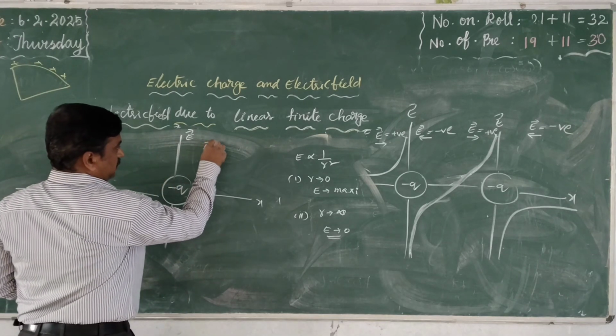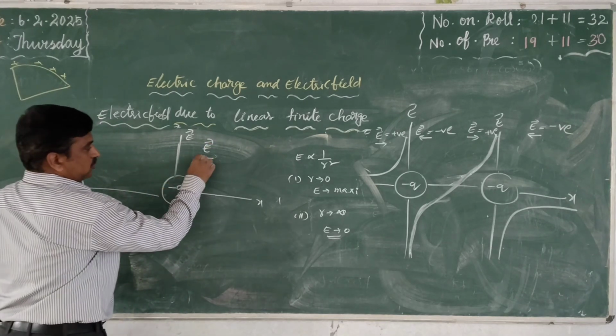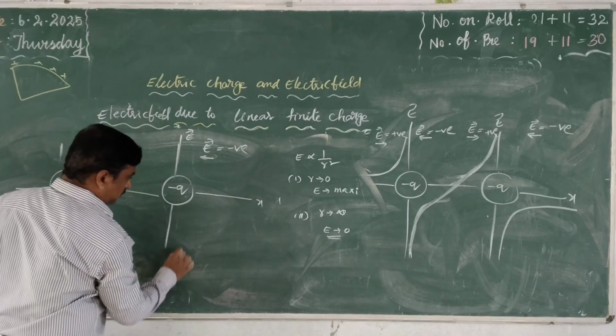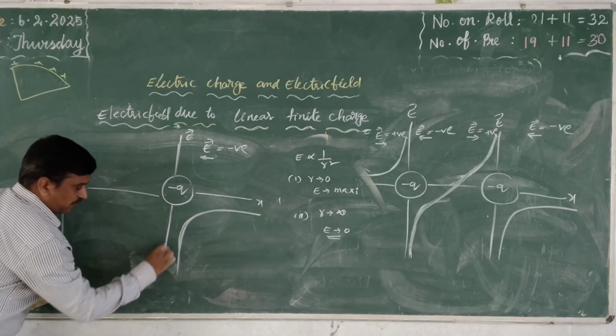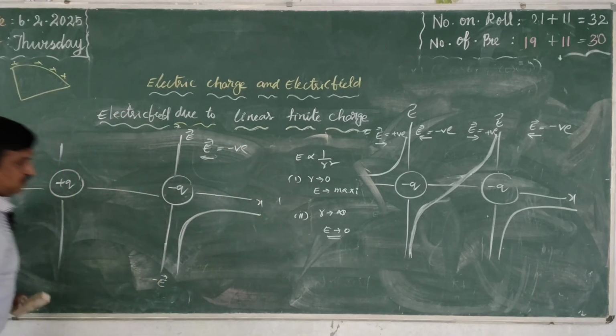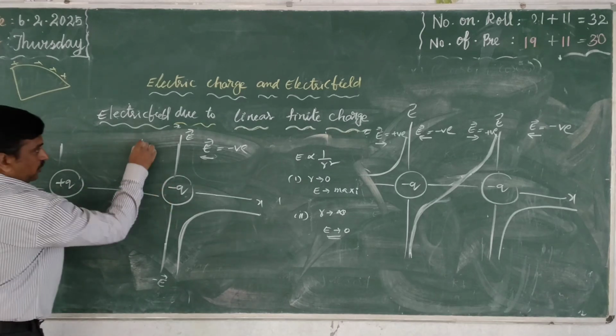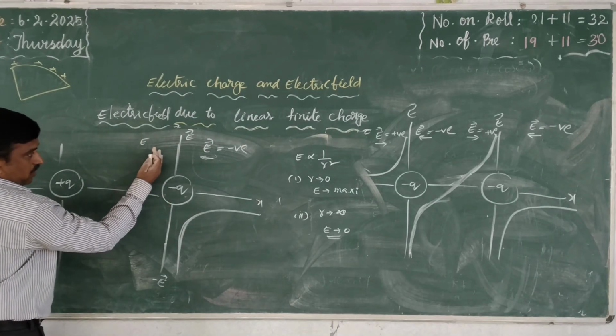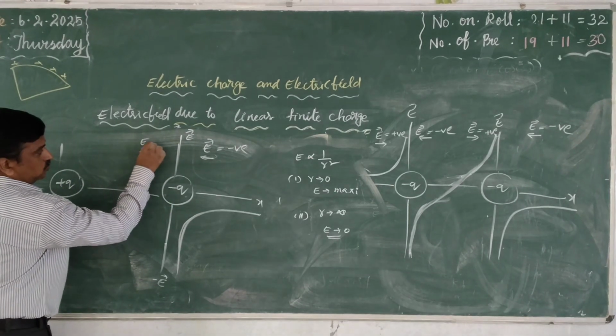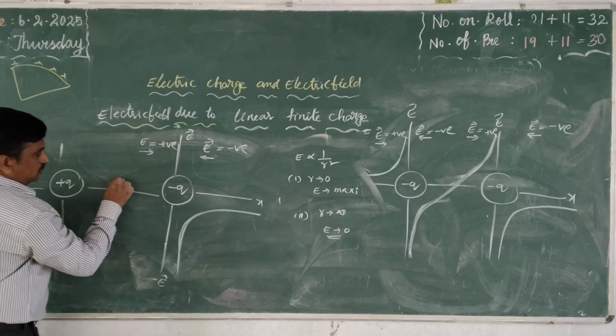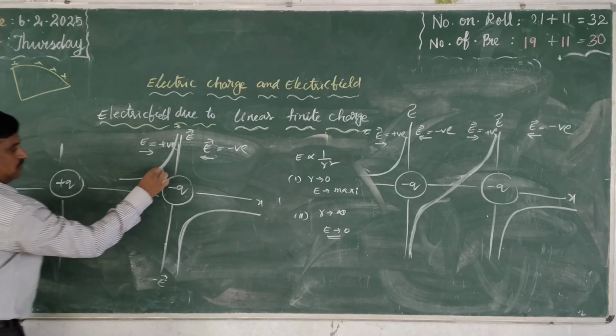For plus q, towards means negative, so this is a negative electric field. On this side, towards means positive side, so it is positive. So this is the graph.